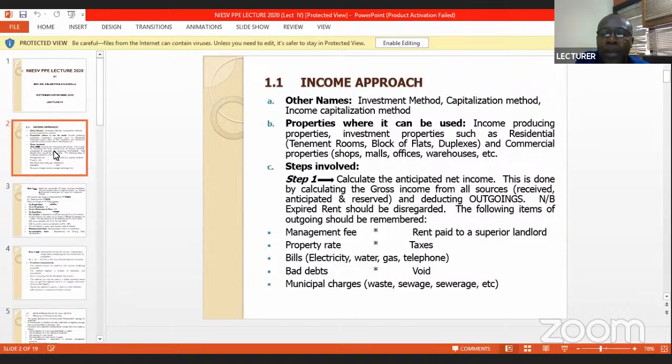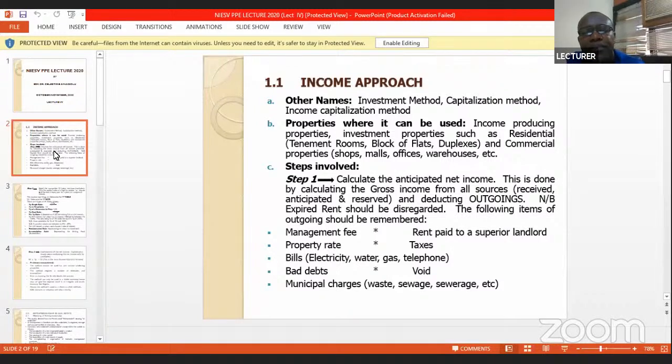It can value leasehold interest, freehold interest, sublease, sub-underlease. So this is one of the methods of valuation that you can use to value all the interests that exist in a property.